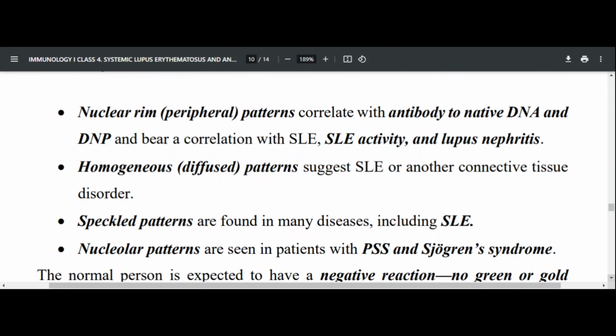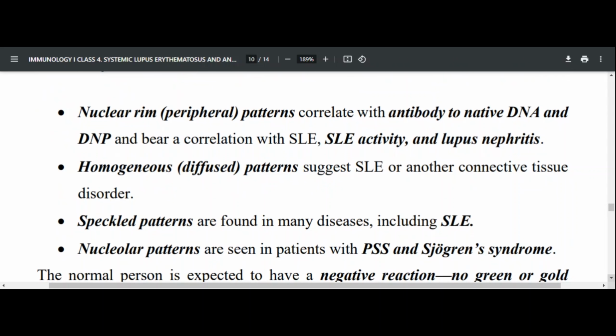Peripheral pattern here is associated with antibodies against double-stranded DNA, and also antibodies against deoxyribonuclear protein. So as you remember, native DNA is also what we call double-stranded DNA.